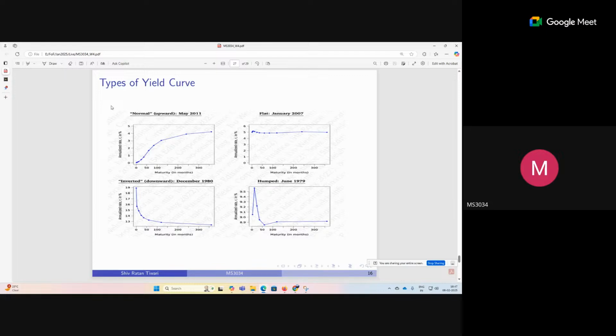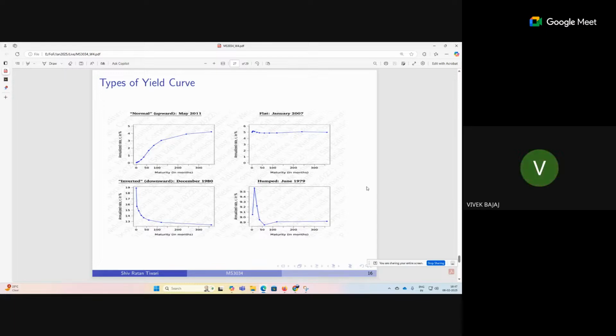There may be a change in governments, or many other changes in a longer period. So there is higher risk for a longer time period, and that's why in normal conditions the yield curve is upward sloping. But there may be various types of yield curves. For example, it may be flat, it may be inverted, that means downward, and it may be humped, which is of this type.